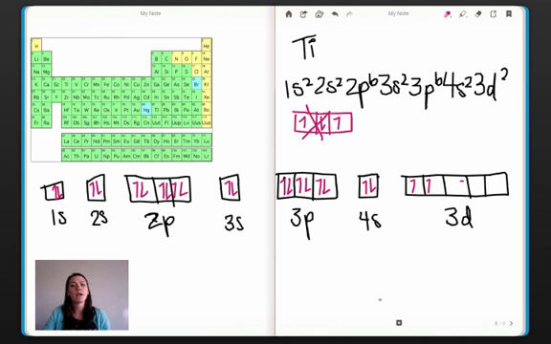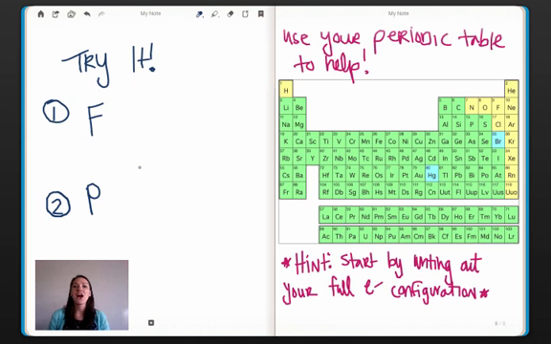So that's a great example of an orbital diagram, and next I'm going to have you try a couple on your own. All right, so just give it a whirl. I'm going to give you 2 ones to try. All right, so here's what I want you to do. I want you to try these 2 practice problems. I want you to try fluorine first, and then I want you to try phosphorus second. Please use your periodic table to help you.